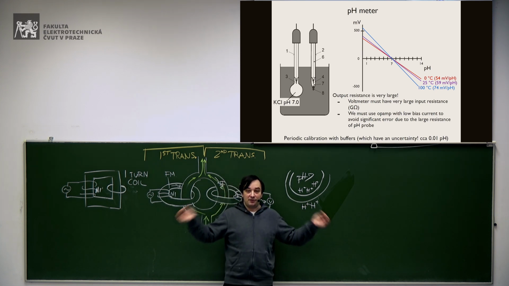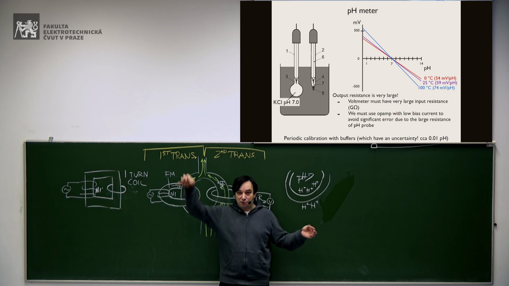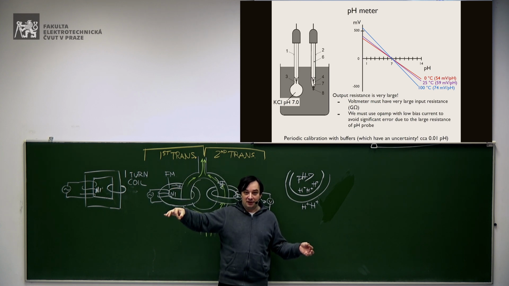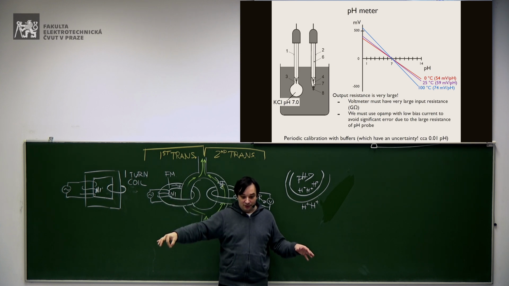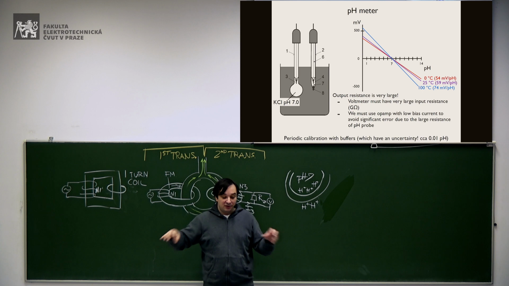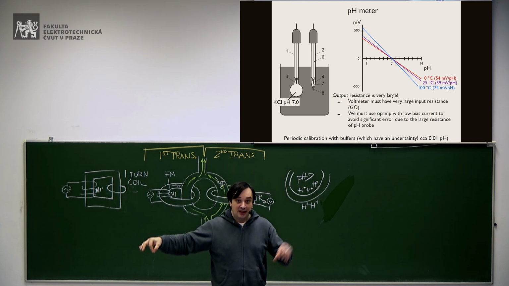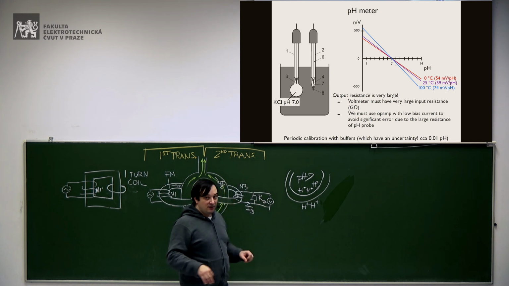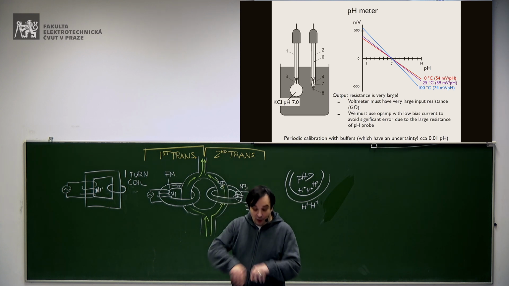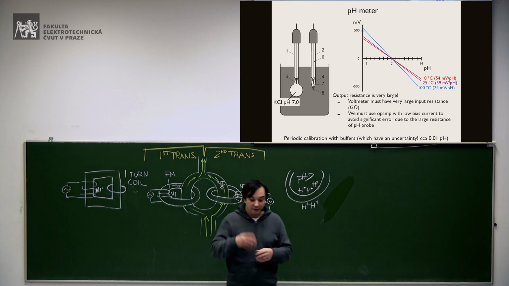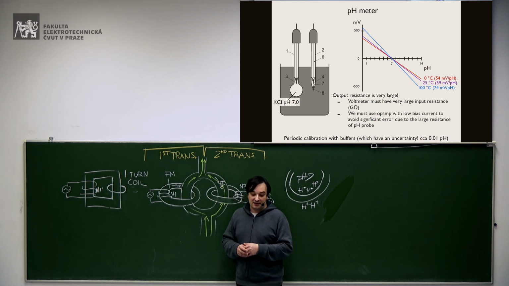You always want to measure the difference of potential. So you need to define a potential which is independent of what you're measuring, and that's the reference electrode. And then you measure the difference between that potential and the potential that you develop with this bulb there, okay?